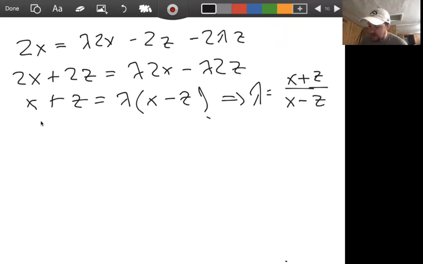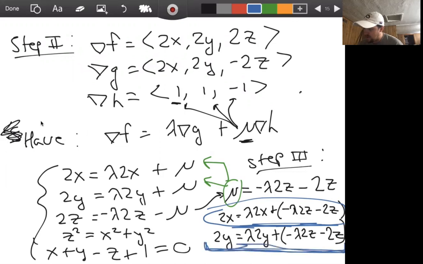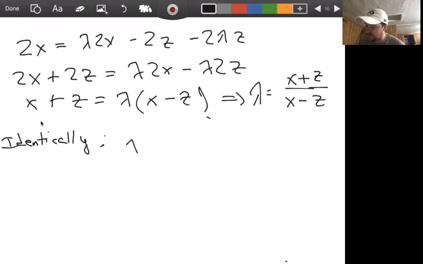I can do the same thing identically. Well, look here, this equation that I solved involving x and z to get lambda is identical to the equation for y and z, right? It's just a change. All I would have to do is substitute y for x, and then I could do the identical computations. And so that means identically, I could have that lambda equals y plus z over y minus z.